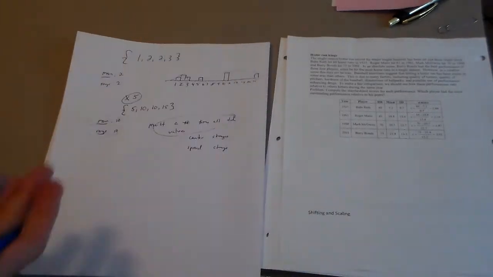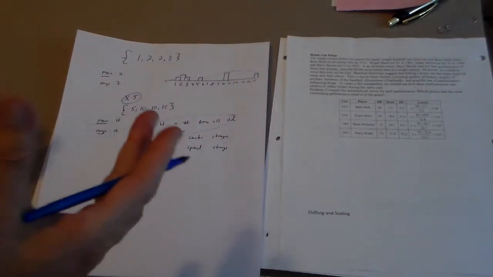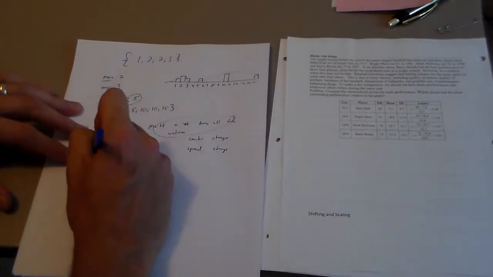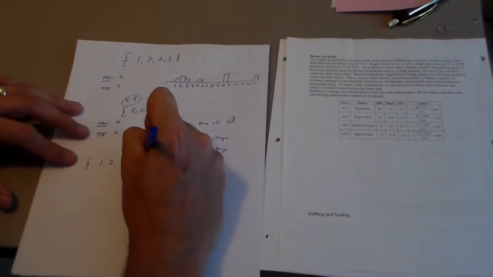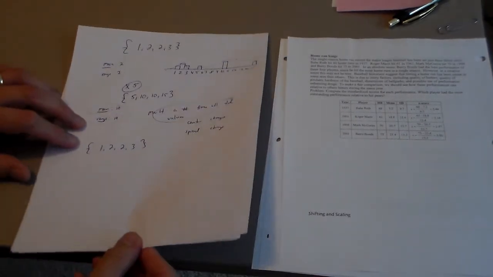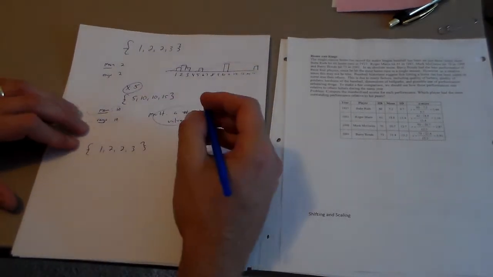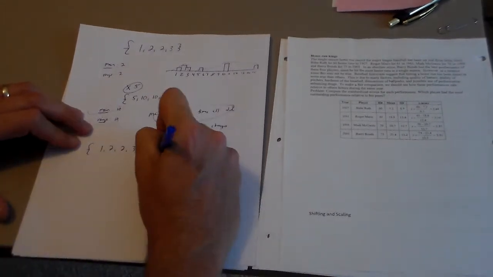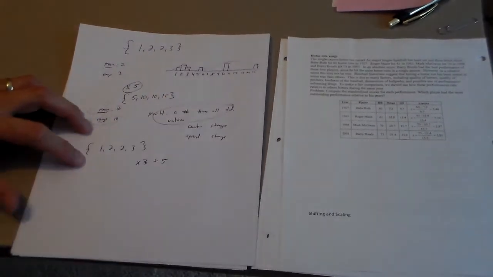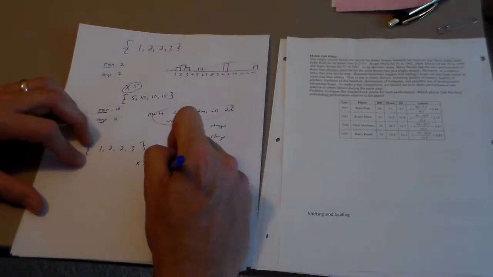Okay, and we showed it to you here. We went over it. We're going to come back to this example. So let's look at one last example where I've got 1, 2, 2, and 3, and I'm going to multiply that times 3 and then add 5 and get a new data set.